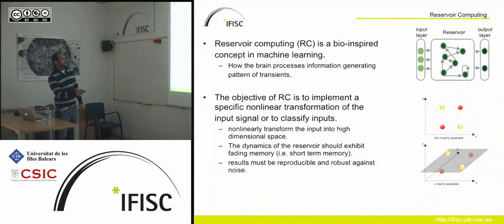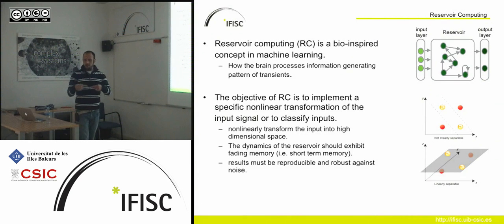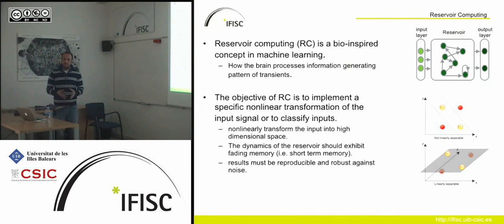You don't need to compute the connections between nodes or between neurons, but you only compute the connections that go out from the reservoir to the output. And this makes it simpler, and faster than, for example, normal artificial neural networks. So it's going to be faster in that way.